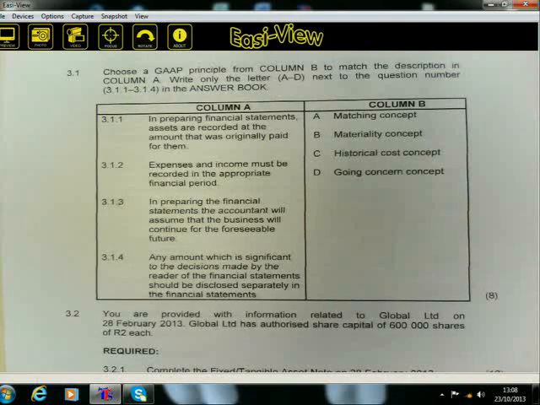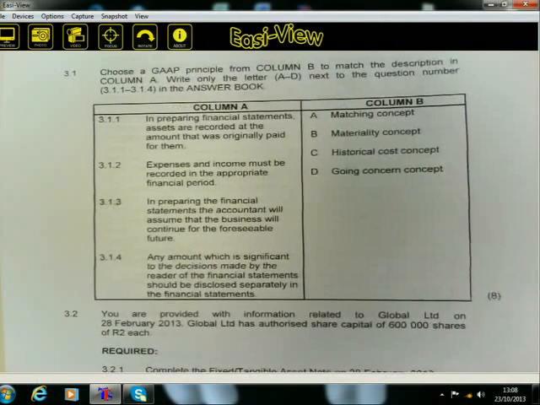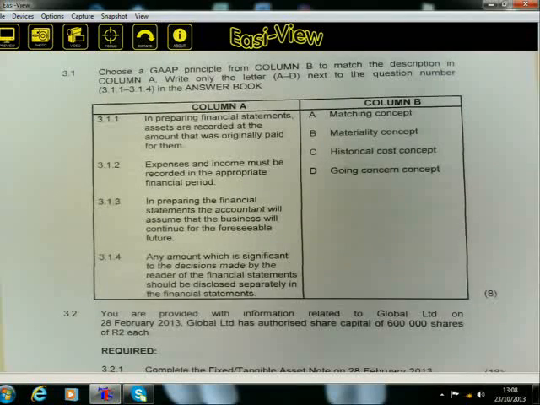Remember, this question falls under that category which we said at the beginning carries almost 150 marks of the question paper. So for this financial statement, it is allocated 80 marks. Then question 1: choose a GAAP principle from column B to match the description in column A. Write only A to D next to the question numbers 3.1.1 to 3.1.4 in the answer sheet.